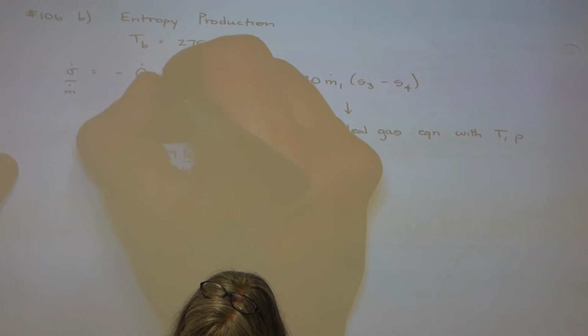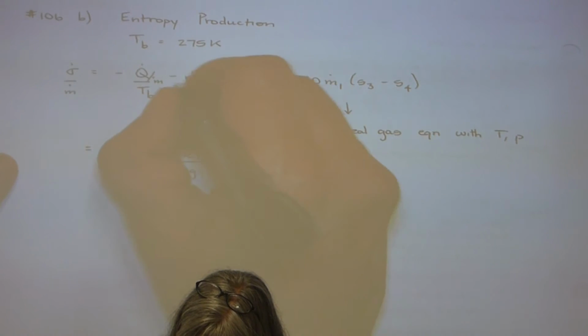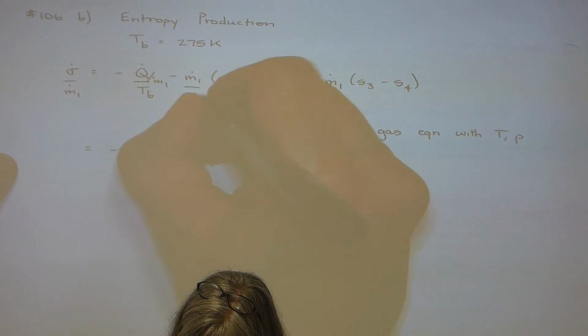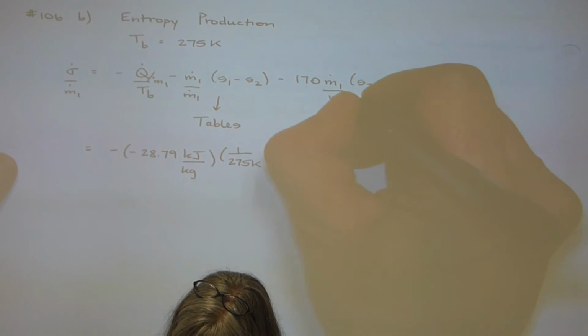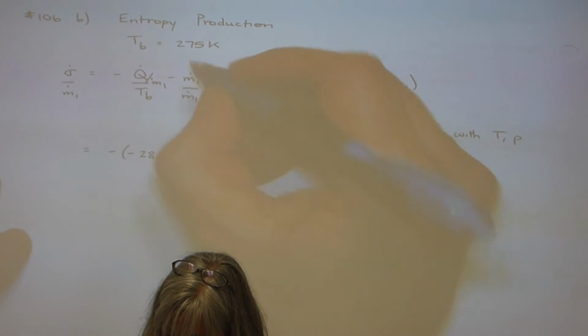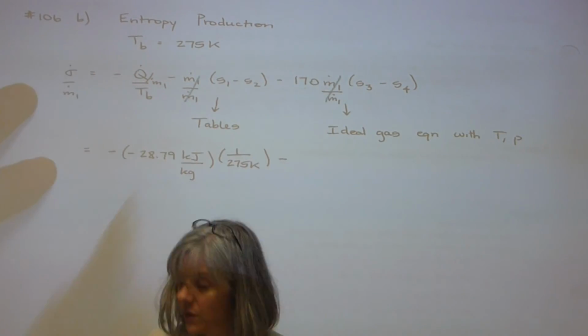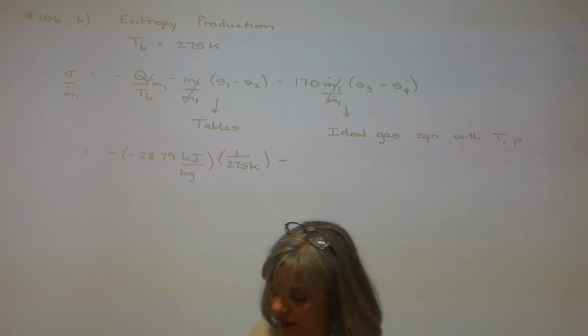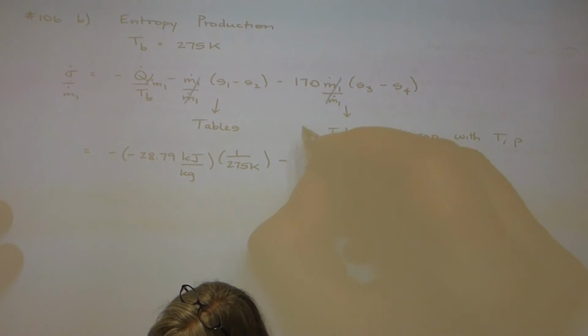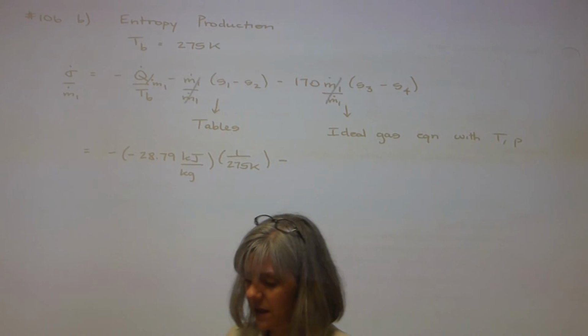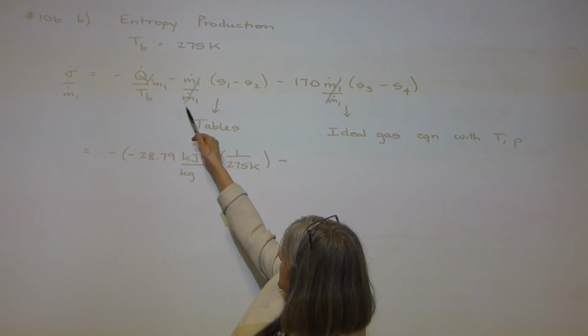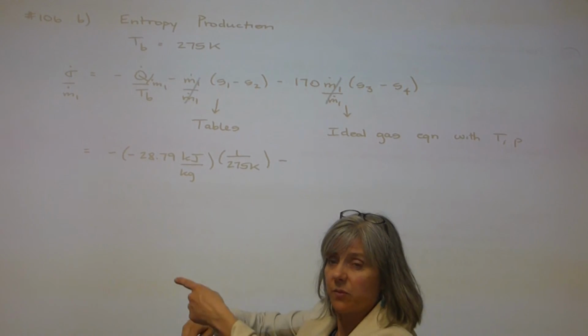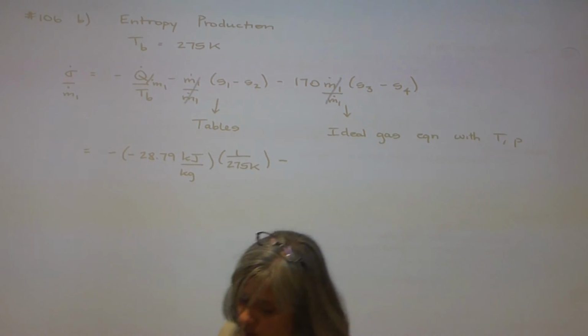So I'm going to divide everything by M1 dot. So good news, that drops out. This right here is what I'm trying to find, and then Q dot over M dot is what I actually have. All right, so that's good news. So now I'm going to switch this, instead of saying minus S1 minus S2, I'm just going to flip the order and say plus S2 minus S1.